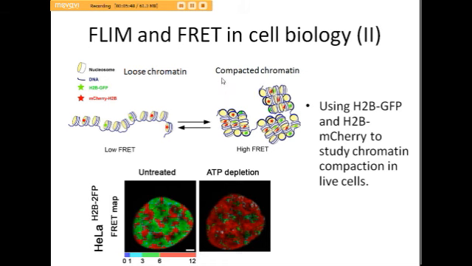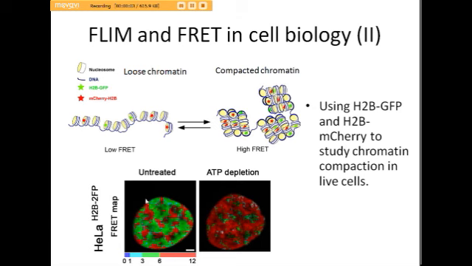And during high compaction, when the chromatin is highly packed together, these nucleosomes are physically near each other. So the GFP and mCherry could be physically near each other, and some of them will be less than 10 nanometers apart. Therefore there could be FRET occurring between this GFP and mCherry.